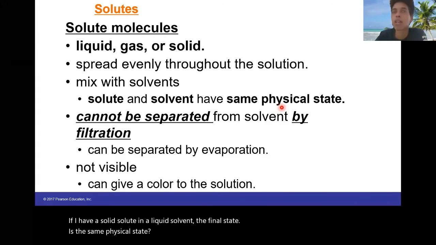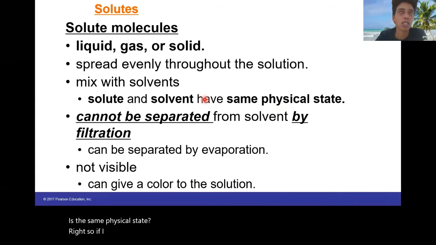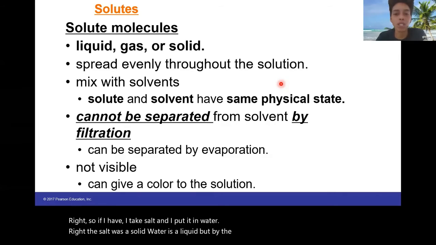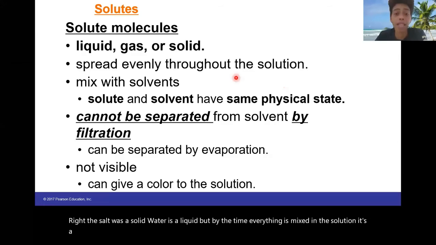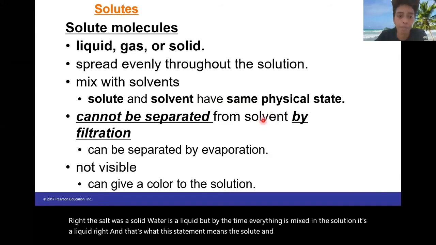If I take salt and put it in water, the salt was a solid, water is a liquid, but by the time everything is mixed in the solution, it's a liquid. And that's what this statement means: the solute and solvent have the same physical state.